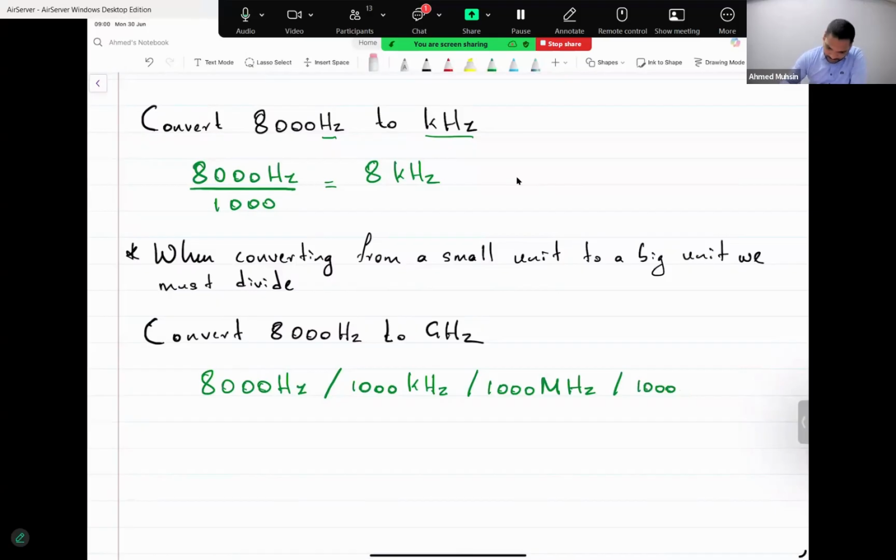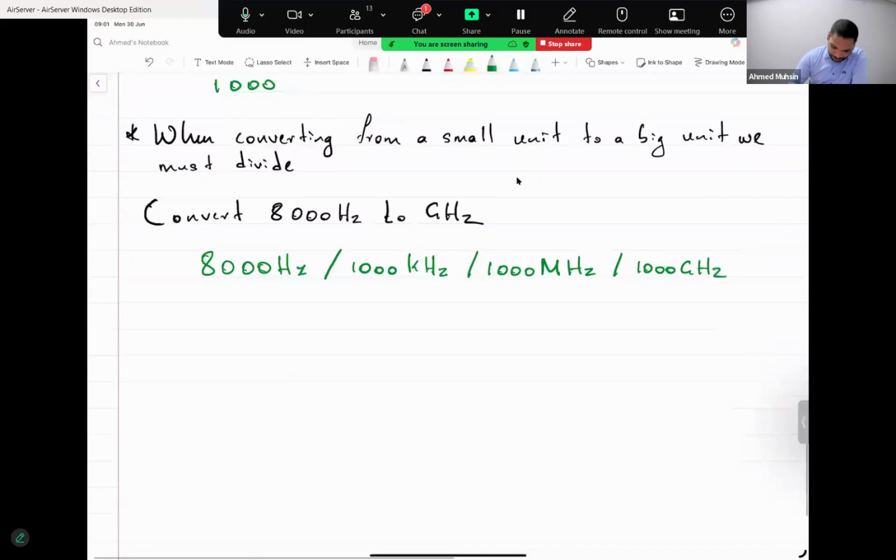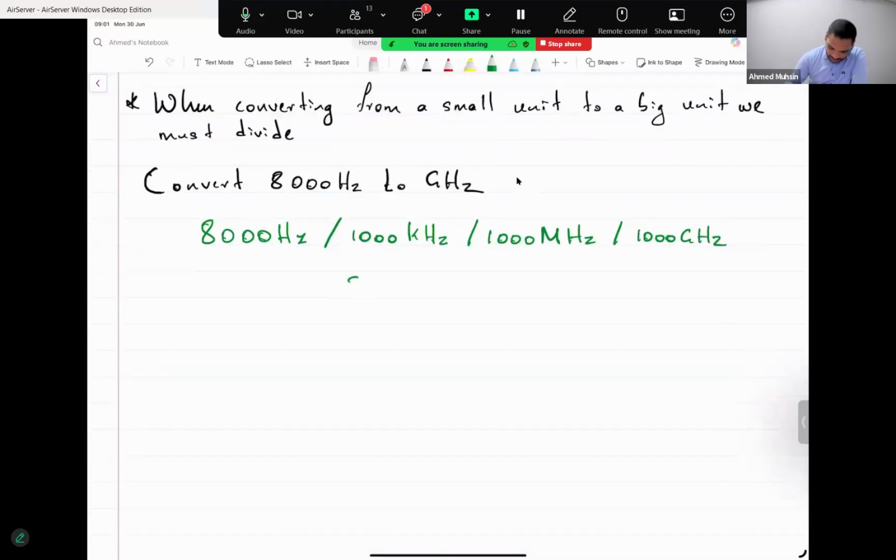You can also write your answer like this: 8,000 divided by 10 to the power of how many zeros? 3, 6, 9. And your unit here would be gigahertz. Are we okay with this? We are converting from a small unit to a big unit.